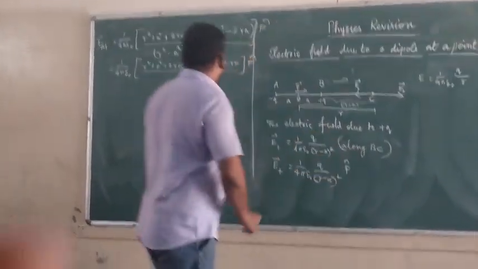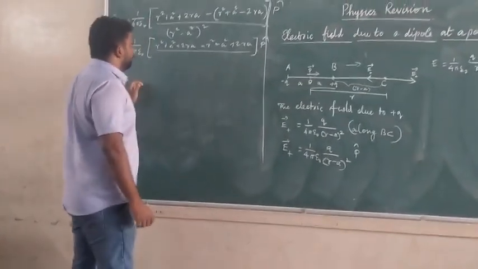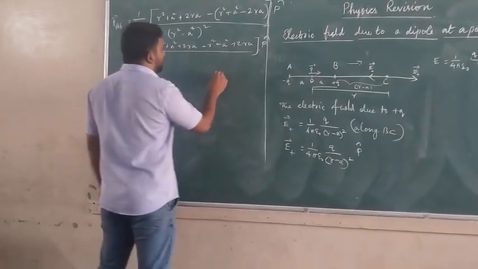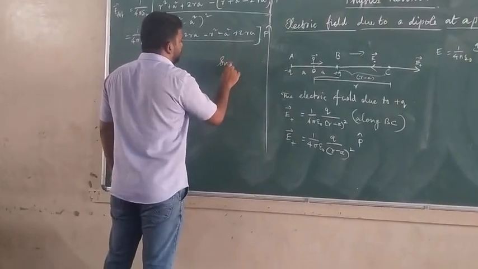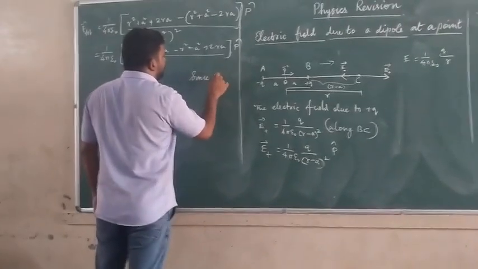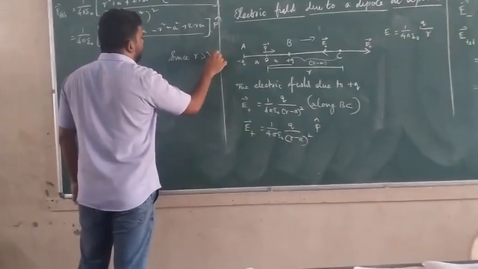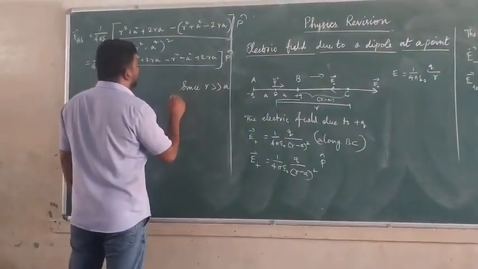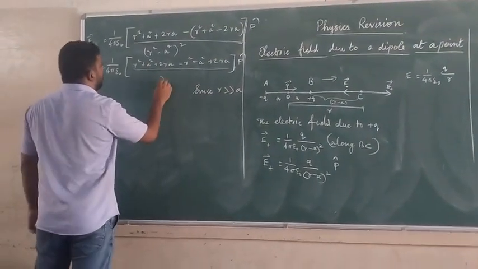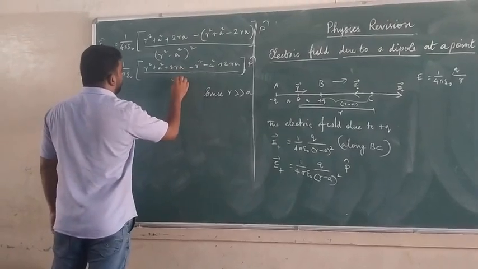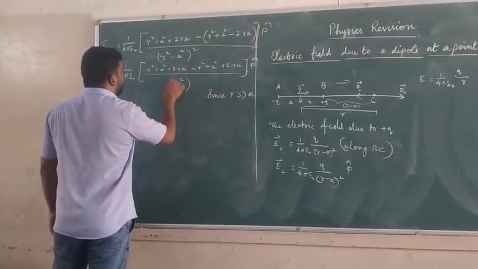So R is very much greater than A, so we can neglect A square. So we can write as (R square) whole square.